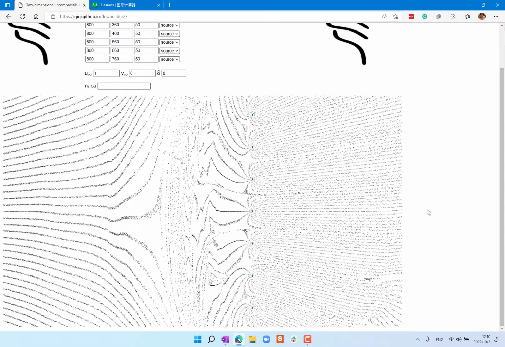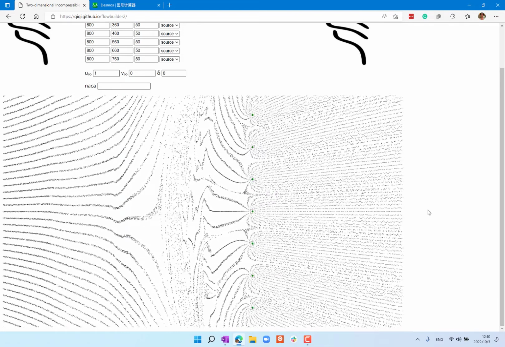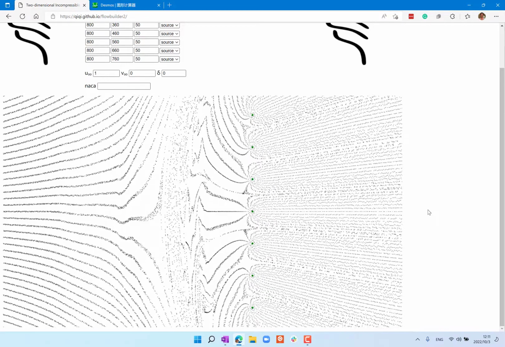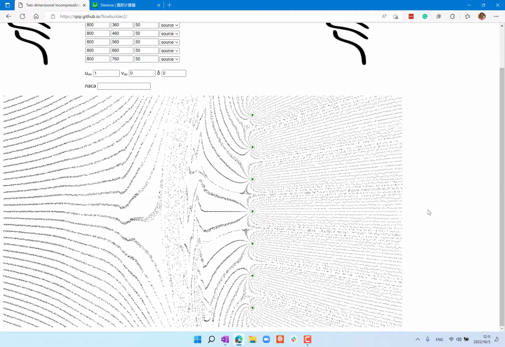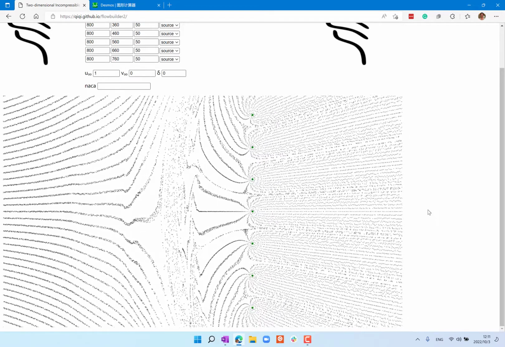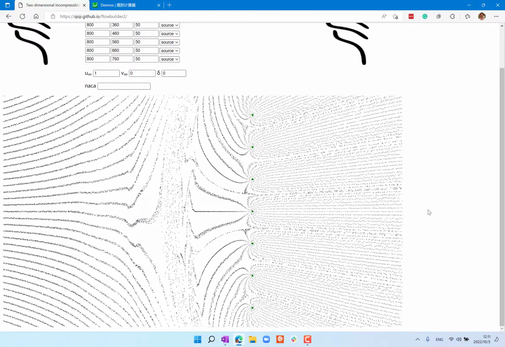Theoretically, you can show that if I have an infinite wall of sources and the spacing between the sources is small, if you have an infinite and continuous wall, then you get exactly that flow field we are describing mathematically.